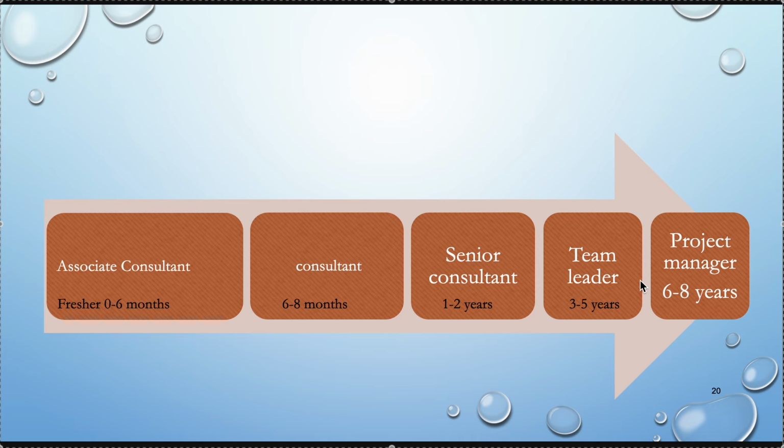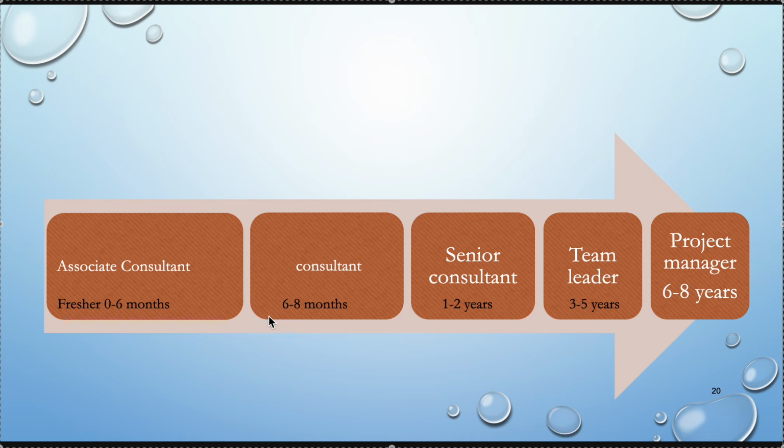Your career graph, as and when you start your career in SAP, you are introduced as an associate consultant, and over the period, as your experience grows, your position also grows. You can be a consultant, senior consultant, team leader, and a project leader or project manager.